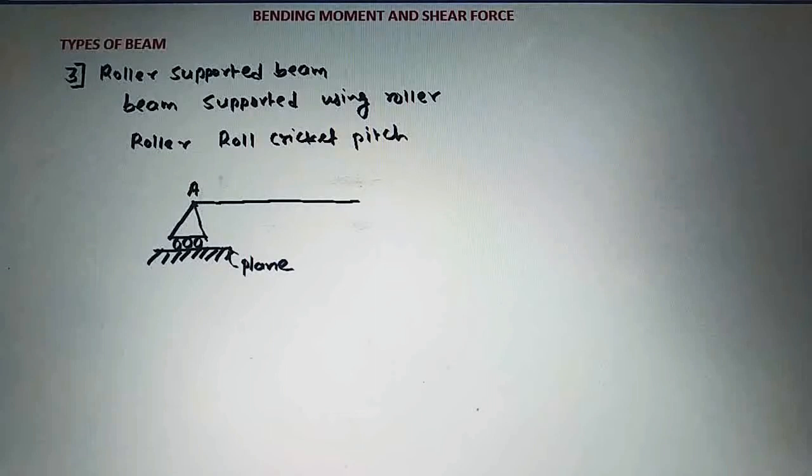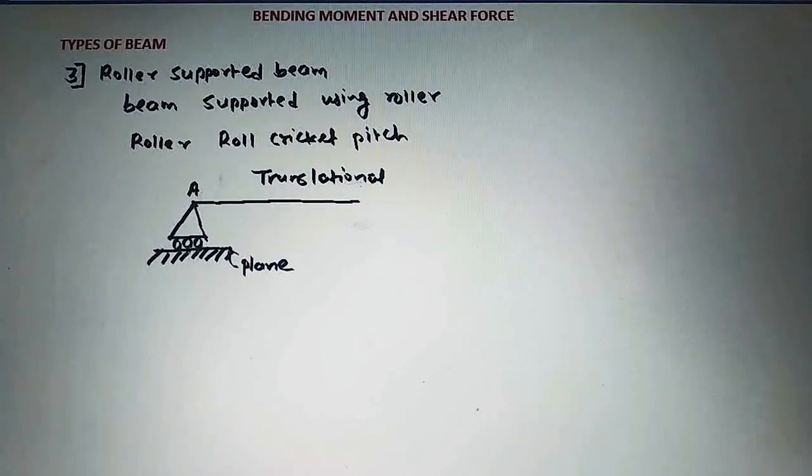Now see here, this beam, which is a roller supported beam, can have a translational motion. It can also have a rotational motion, but it does not have a vertical motion.